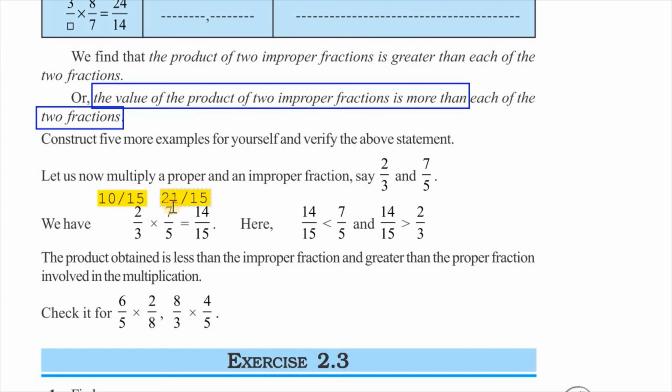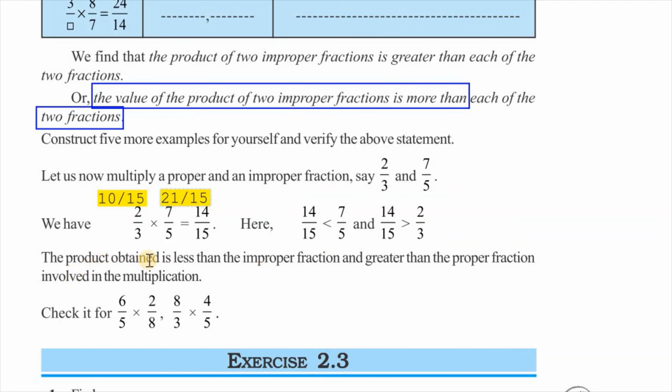So, in this case, 7 by 5 is greater than 14 by 15 because 21 by 15 is greater than 14 by 15. But 2 by 3 is less than 14 by 15 because 10 by 15 is less than 14 by 15. Here, 14 by 15 is less than 7 by 5 and it is greater than 2 by 3.